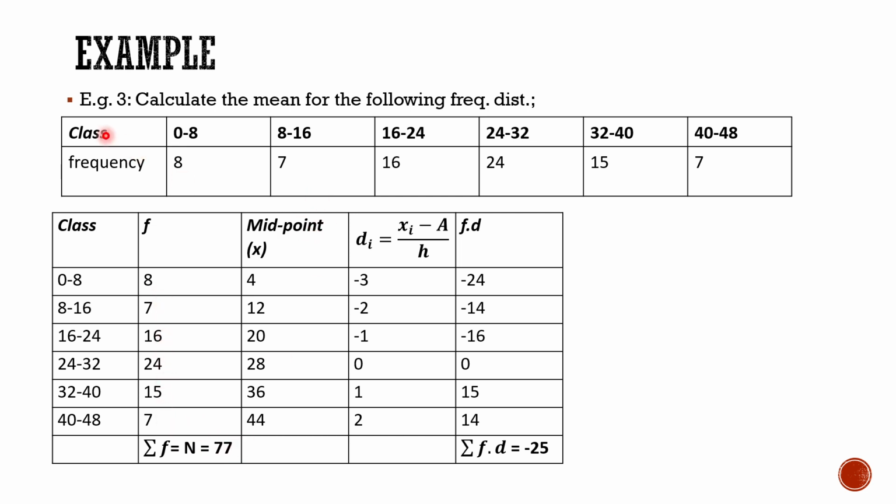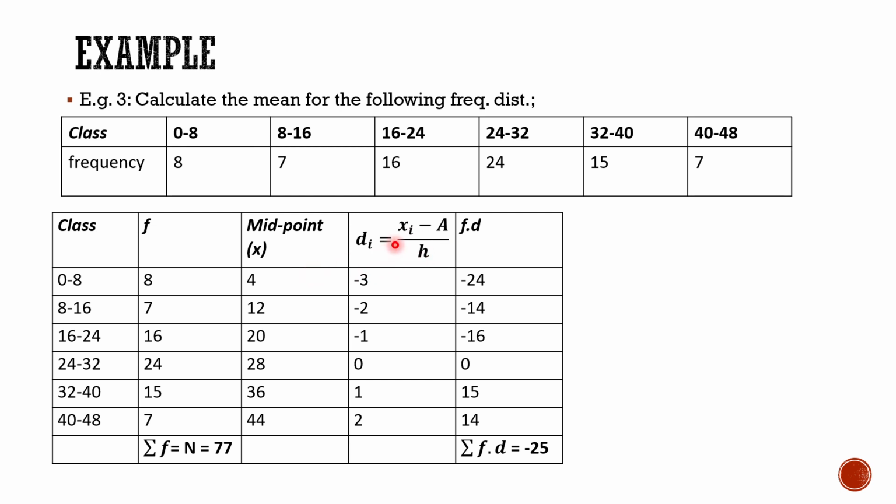As you know, this is a class interval, so we'll have to calculate the midpoints, and we have calculated the midpoints using the lower limit plus upper limit, dividing it by 2 for the corresponding class intervals. Here we'll have to calculate the di first, and simply we'll take di as xi minus a, dividing it by h.